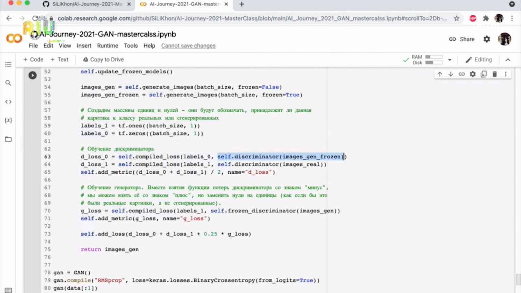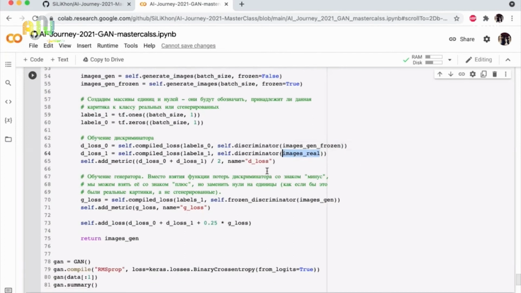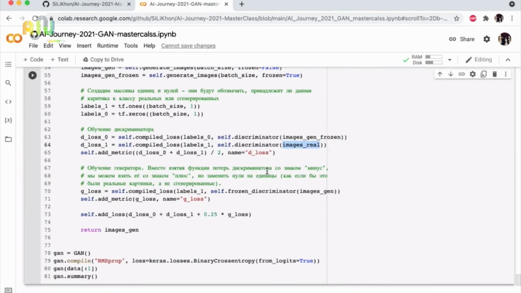We give the right answers here, and next to it we give the predictions of the discriminator for the corresponding images. For 0, images generated by the frozen generator, so that the generator doesn't get adjusted from this loss function. And for ones, we feed discriminator responses to real images, and then we calculate the average from both.